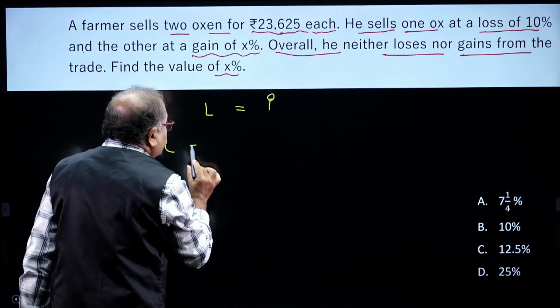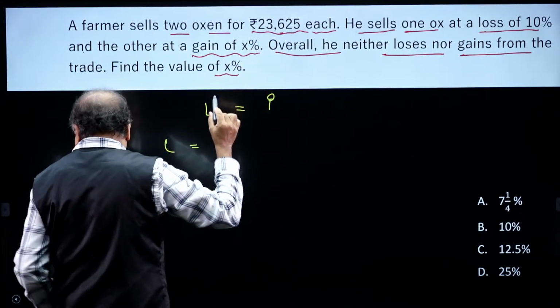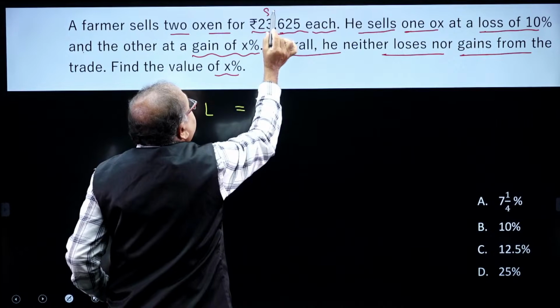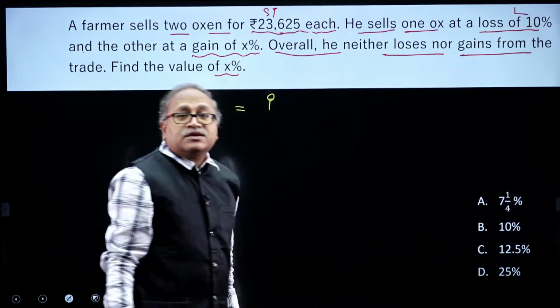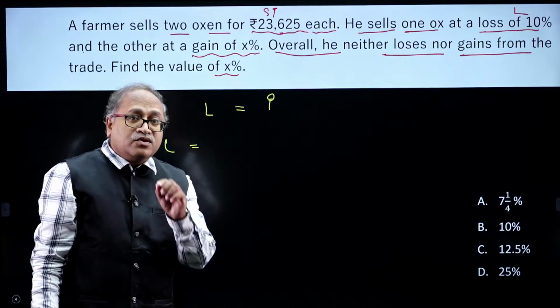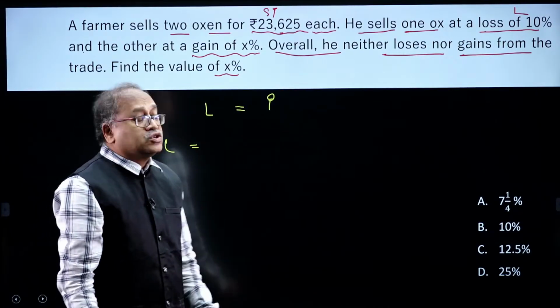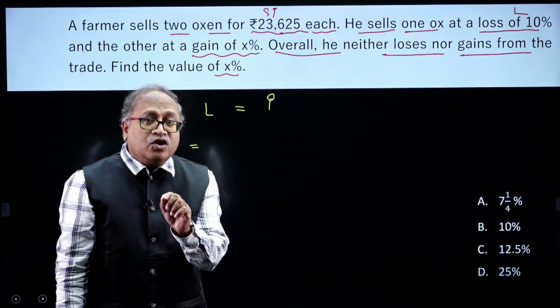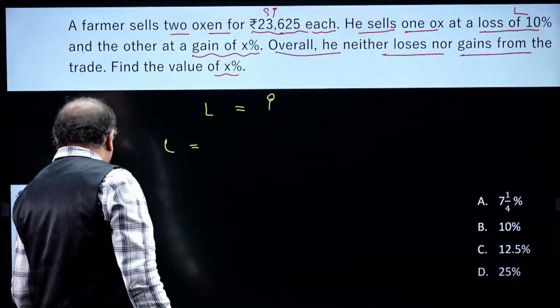Can I find out the loss? I already know the selling price, I know the loss percentage. Can't I find out the cost price? Yes, we can find out the cost price. Can't we find out the loss? Yes, we can find out the loss. How do I get the loss over here?